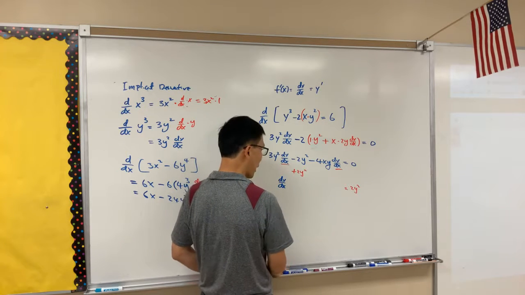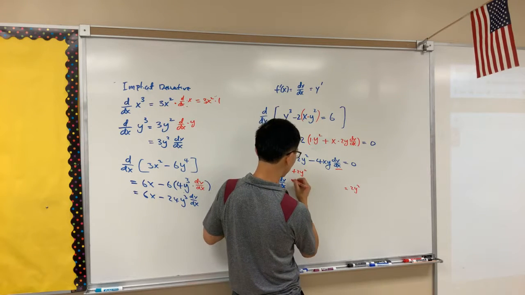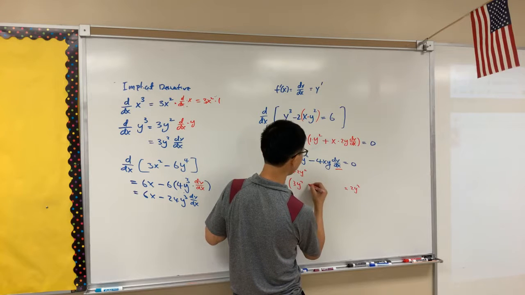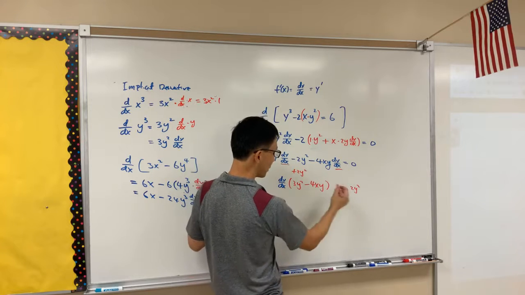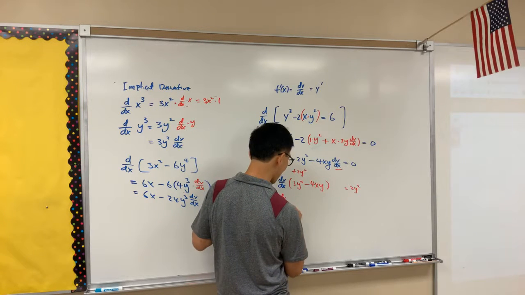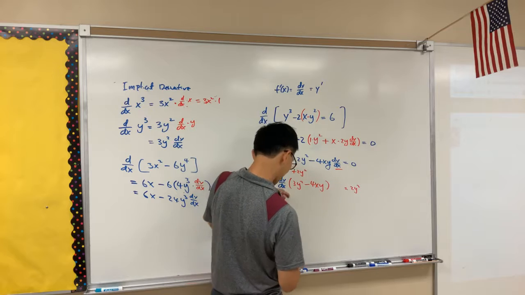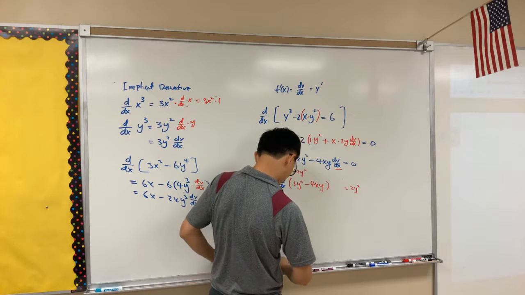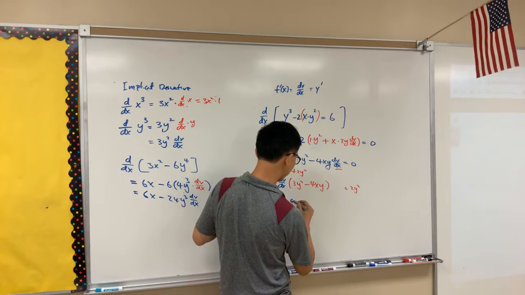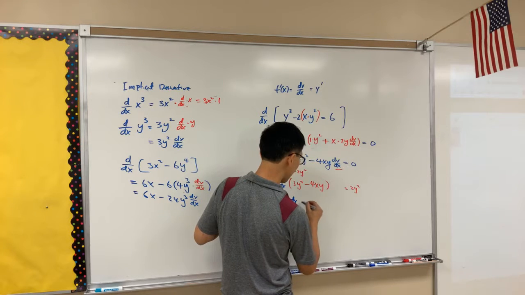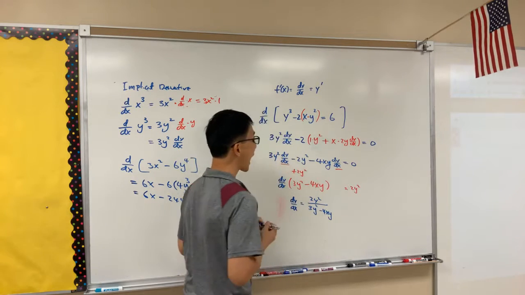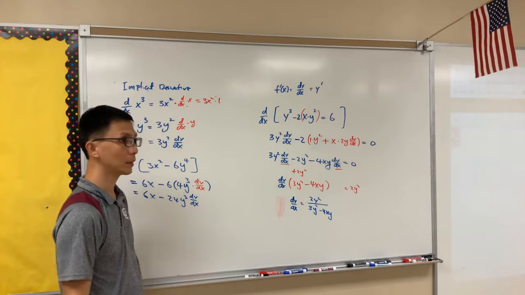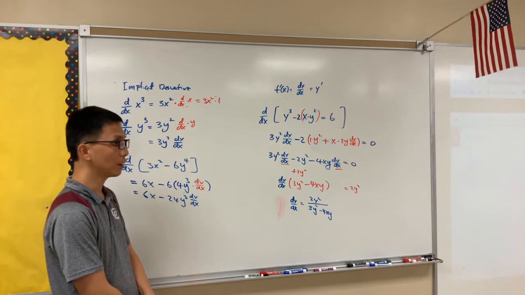If I take it out, what do I have left? 3y squared minus 4xy. And then I'm going to divide both sides. I'm going to get dy/dx is equal to 2y squared over 3y squared minus 4xy. And that's it. We just took a derivative of the thing.